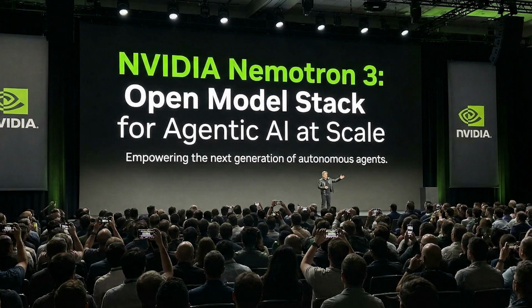The key enablers are that commitment to open models for control and that hyper-efficient hybrid latent MOE architecture to manage the cost. And this shift is going to fundamentally impact how complex multi-step tasks get automated across the board. It doesn't matter if you're building software or doing financial analysis or managing security operations. We are moving well past the simple single-task bot and into, well, genuinely complex collaborative digital intelligence.